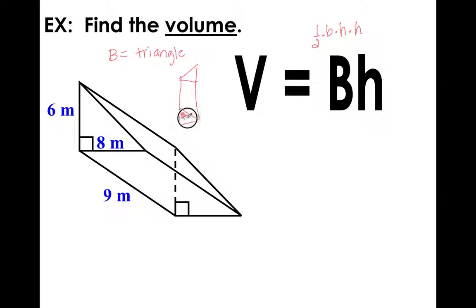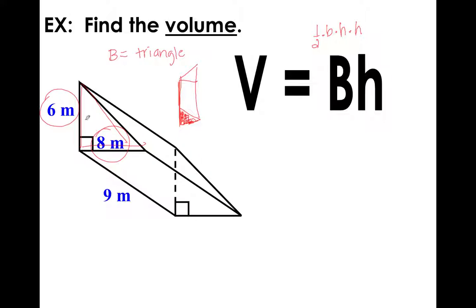But the base of our triangle would be sitting down here. So therefore, this represents my height. Then we're dealing with the triangle. So when we're trying to figure out what goes with what, we know that this right here is my triangle. So this must represent my base, and this represents my height of the triangle.